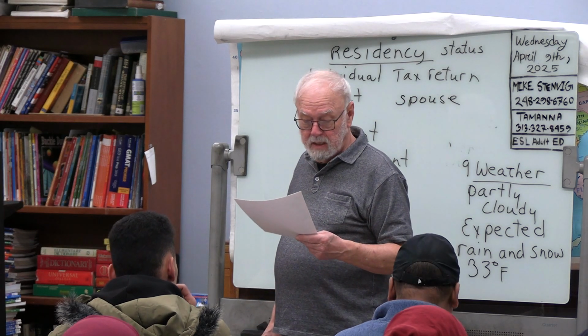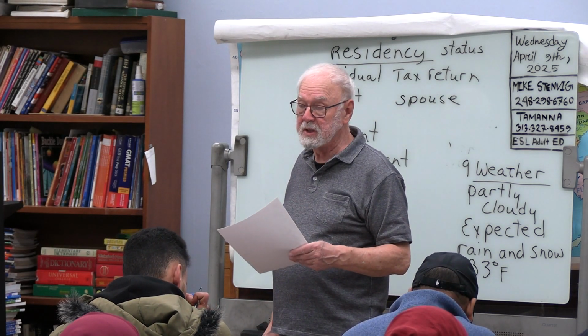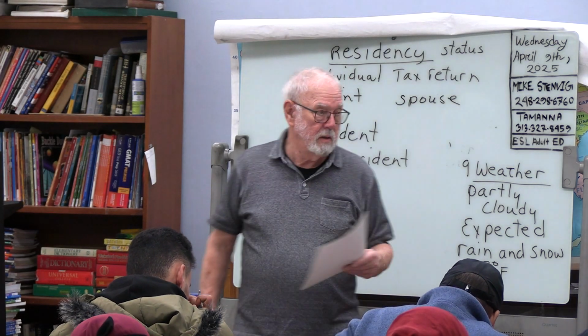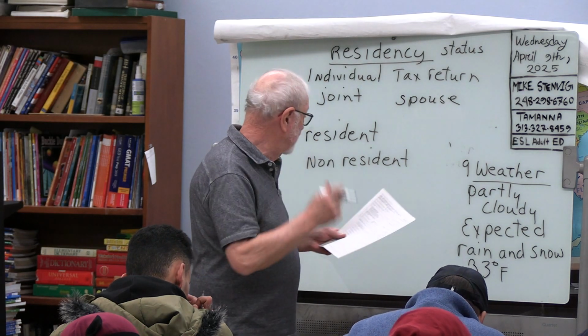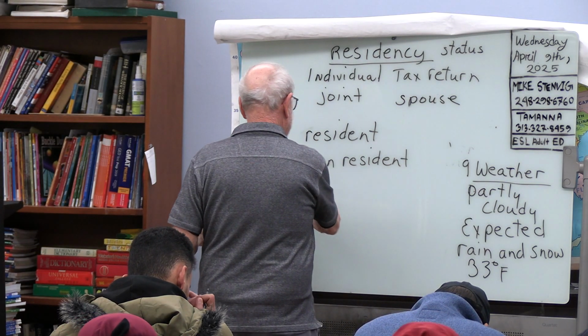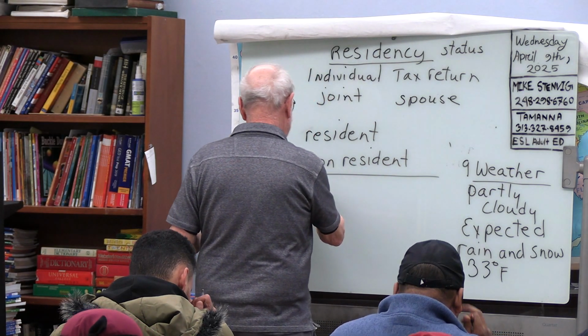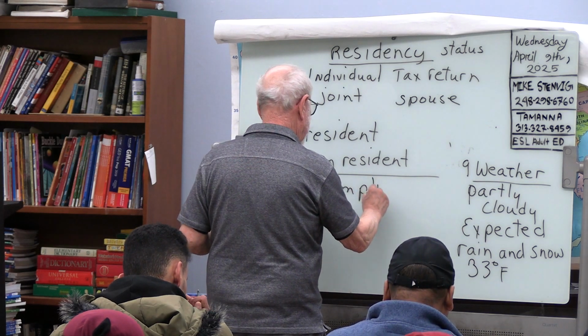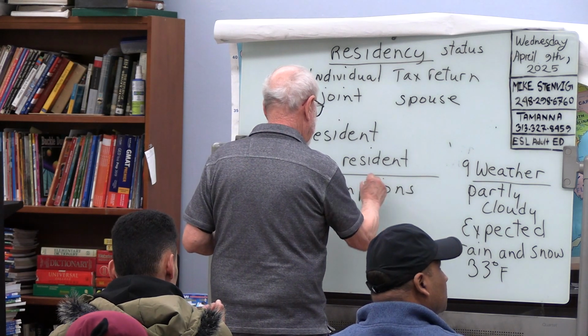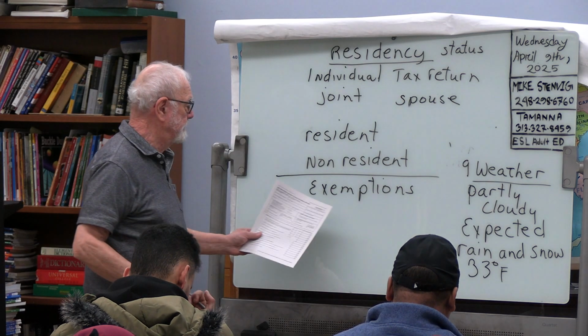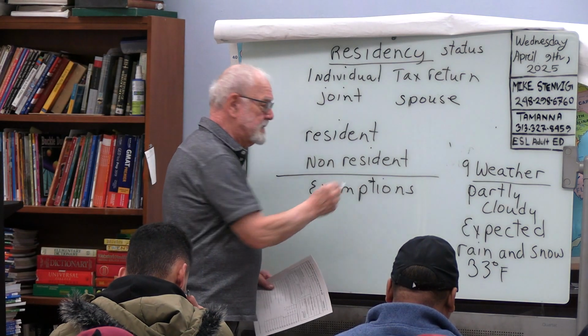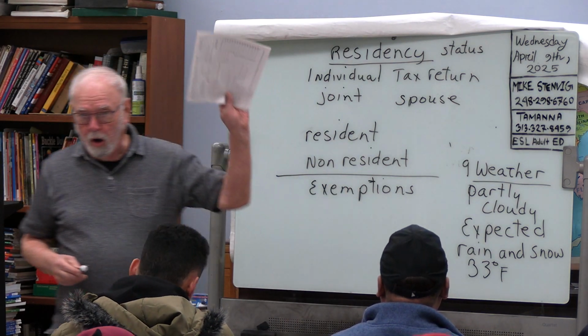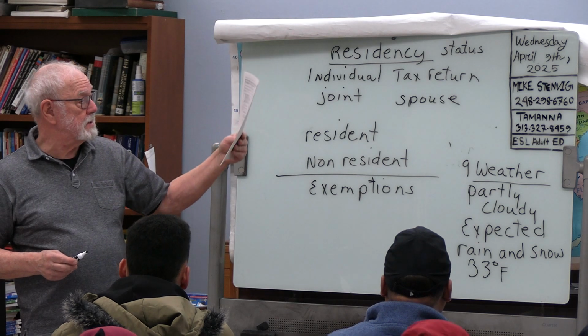Number 9, it says exemptions. This word comes up in a few different areas, always for tax purposes.